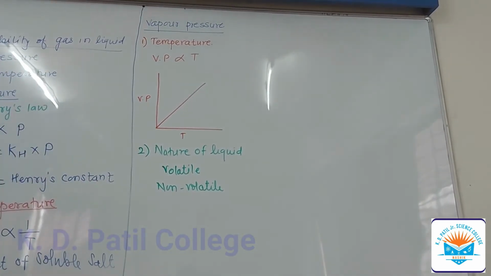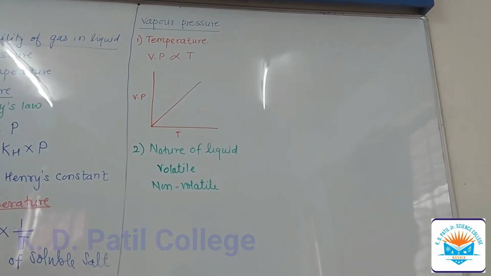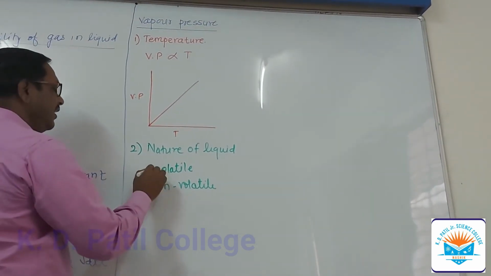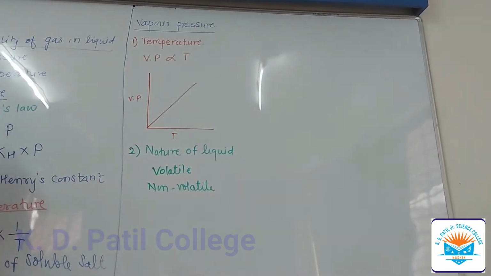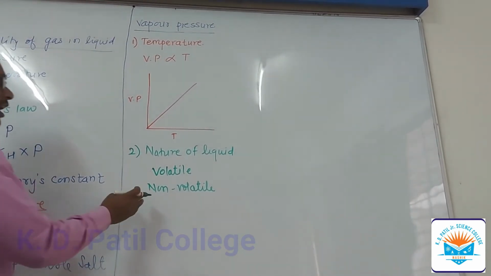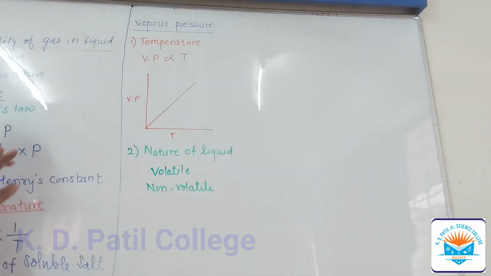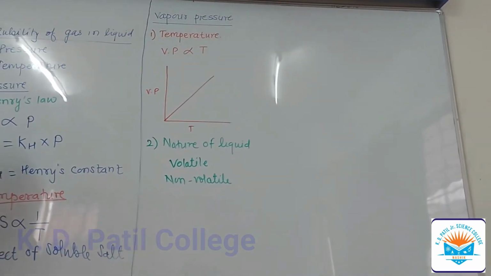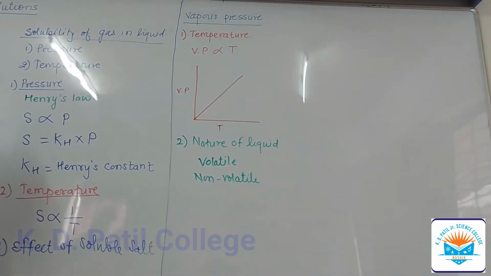A volatile liquid is a liquid which is easily converted to vapor state, and a non-volatile liquid does not convert to the vapor phase very easily.